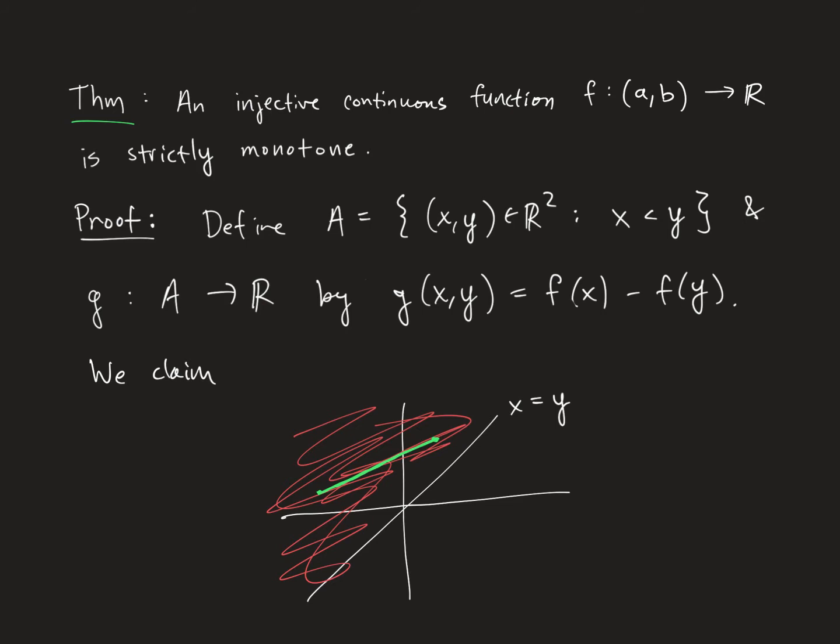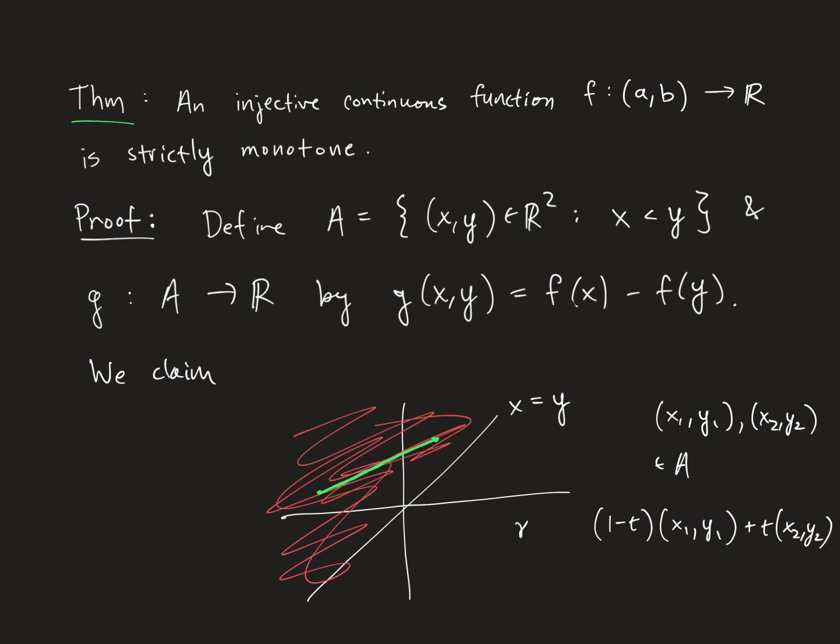So all you have to do, if you take x0, y0 and x1, y1 in A, then the straight line path between them is 1 minus t times x0, y0 plus t times x1, y1.